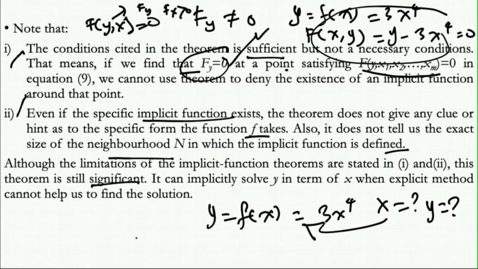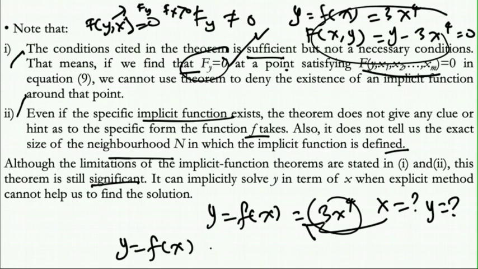So you can explicitly find it from an explicit function. But sometimes, especially when the explicit function given to you is not really clear, and especially if it is given in the form of a generic function. This one is not a generic function, it is a very specific function because the number is 3 and the power is 4.